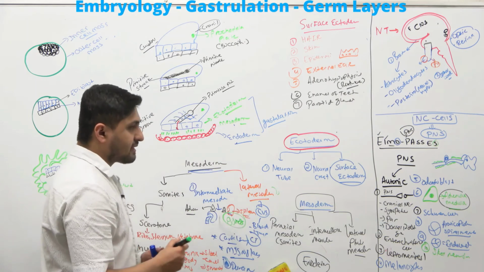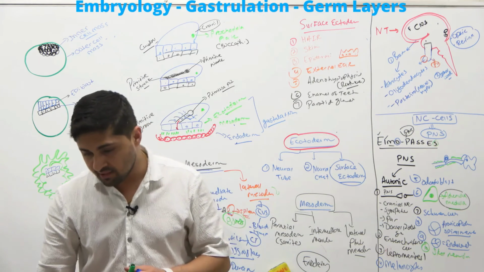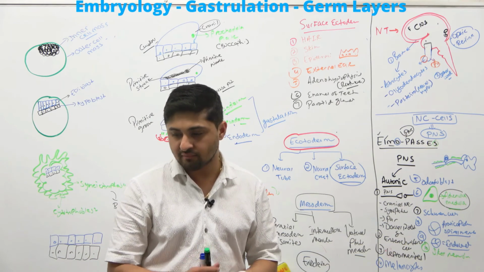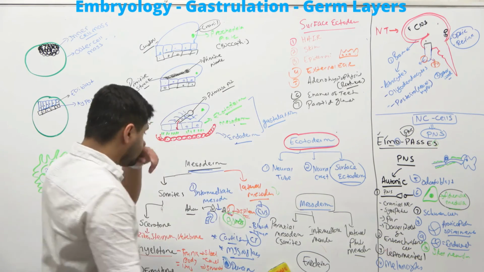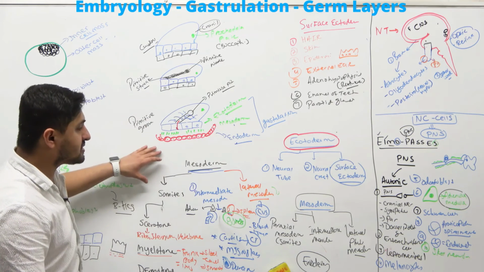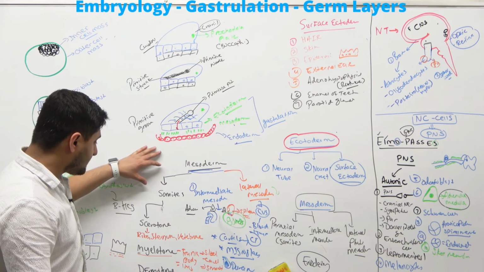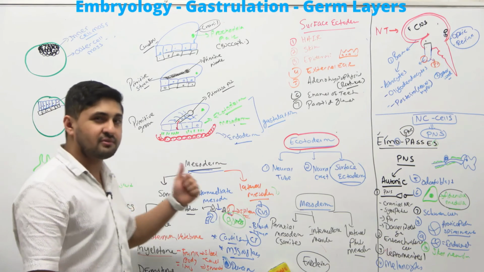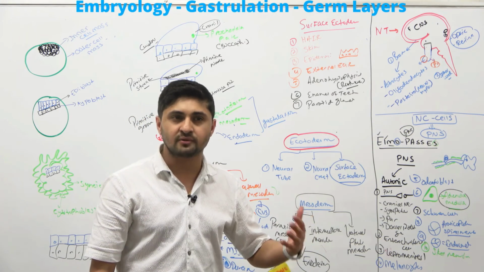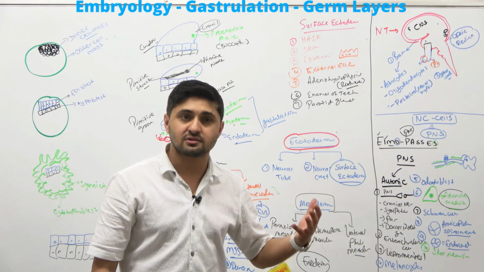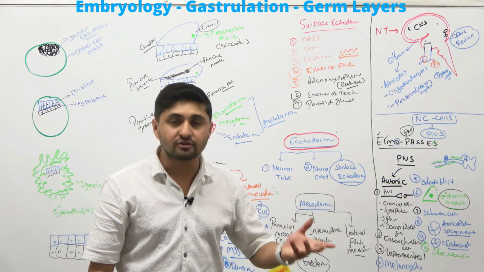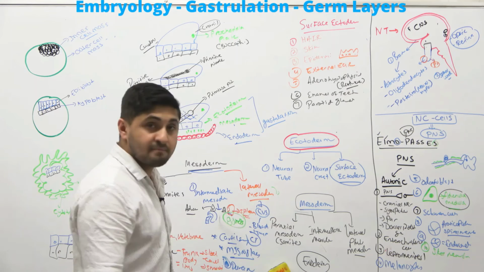The gonads and genital tracts are coming from mesoderm. Now, quickly, if you want to remember something from the mesoderm derivatives, remember all the connective tissue like bones, muscle, cardiac muscle, smooth muscle cells, and cartilage. It also gives us your cardiovascular system, kidneys, and spleen. You have to remember the adrenal cortex too, which is coming from mesoderm.